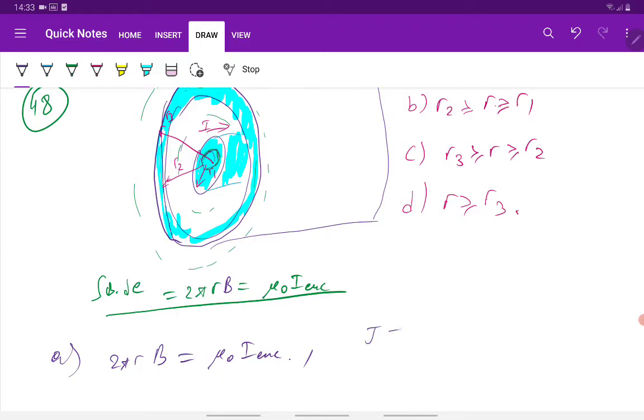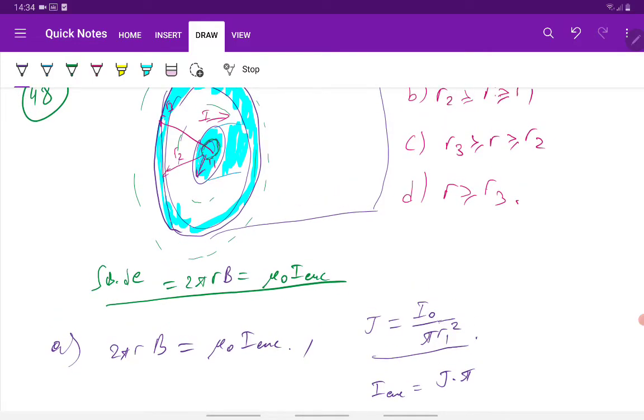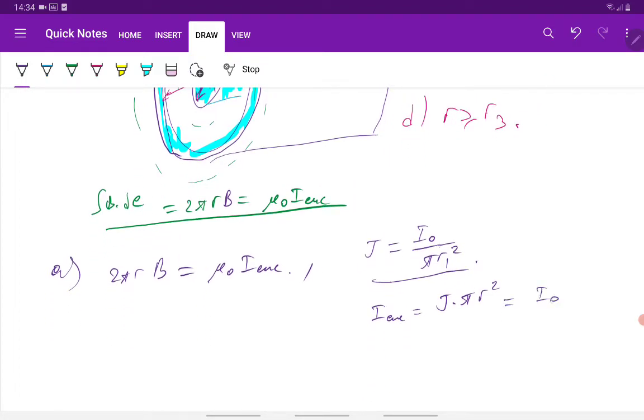So current density equals I0, the initial current, divided by πR1 squared, right? So the total current enclosed equals current density multiplied by πr squared, which is I0 over πR1 squared multiplied by πr squared.